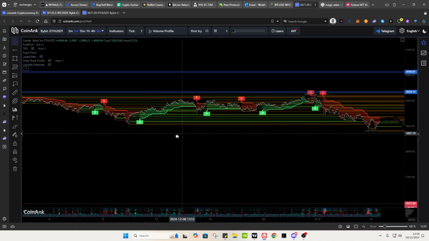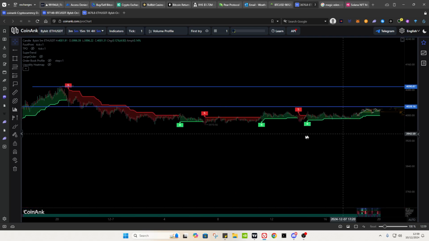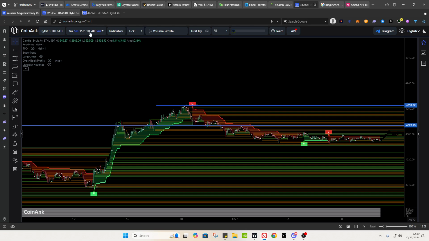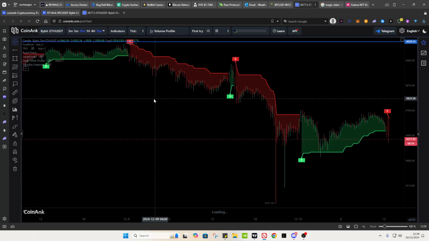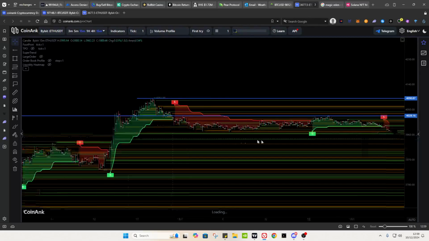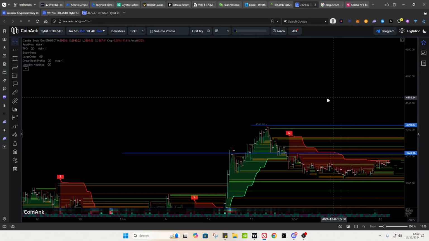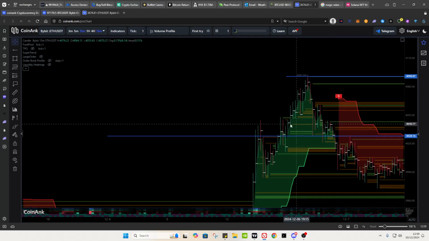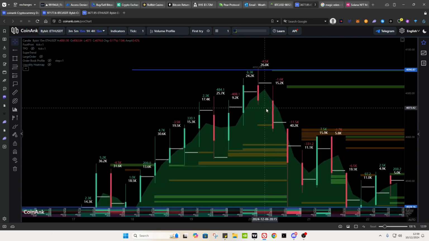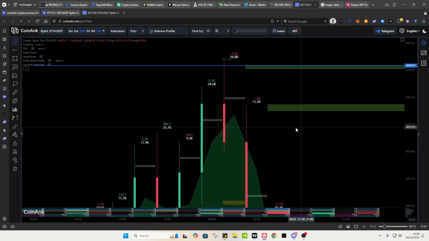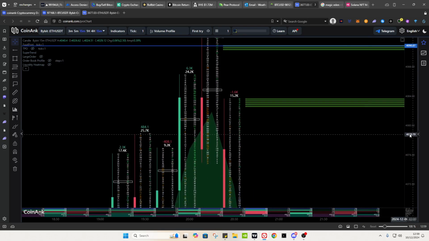It should be there on the 5. Nope. Okay, let's go 15. You'll see absorption and stuff going on much cleaner on the lower time frame, but the problem is that on the lower time frame the data doesn't stay for long, since new candles are being printed at all times. But even on the higher time frame, I can give an example of what is going on.